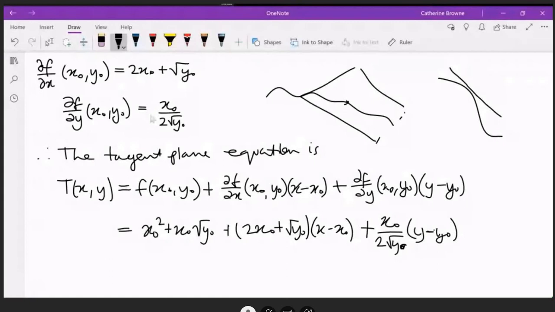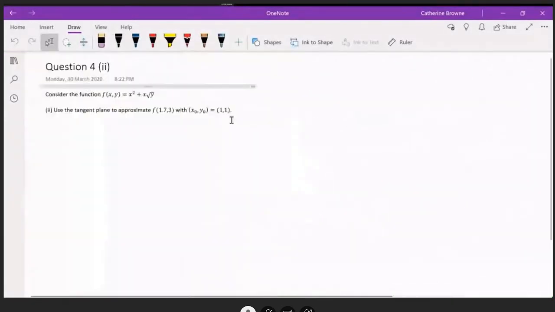So the next part of the question, we're going to use that tangent plane to approximate f at (1.7, 3) with x naught, y naught equal to 1, 1. And I guess we've chosen this 1, 1 because we know that the square root of 1 is 1, and it's also easy to square 1. So we can easily find that without a calculator.